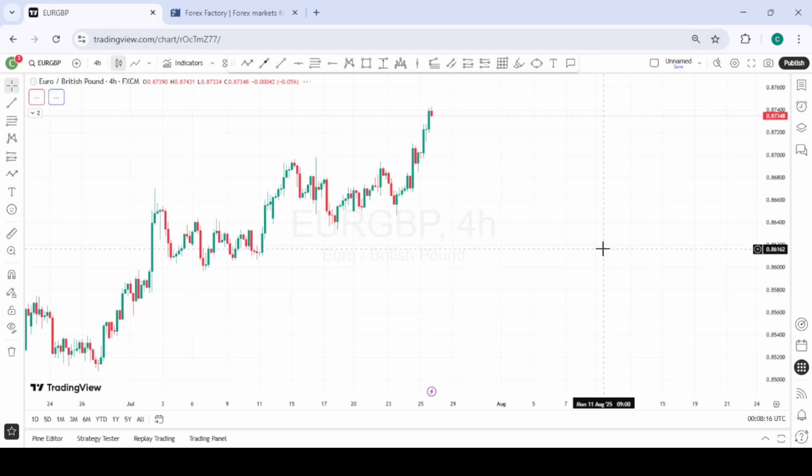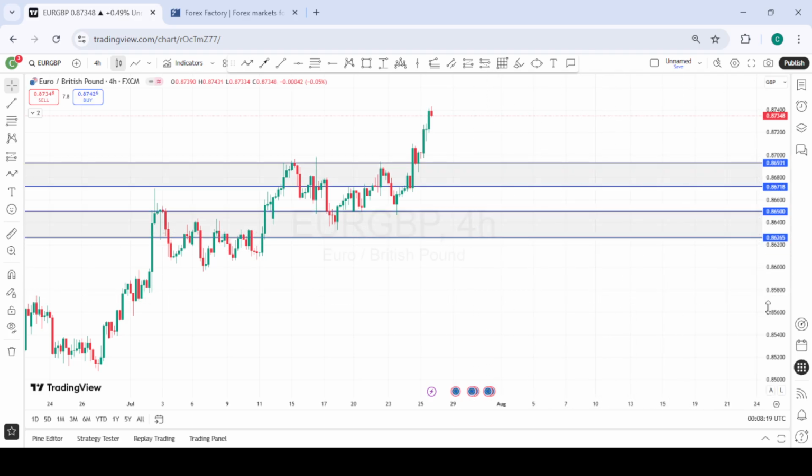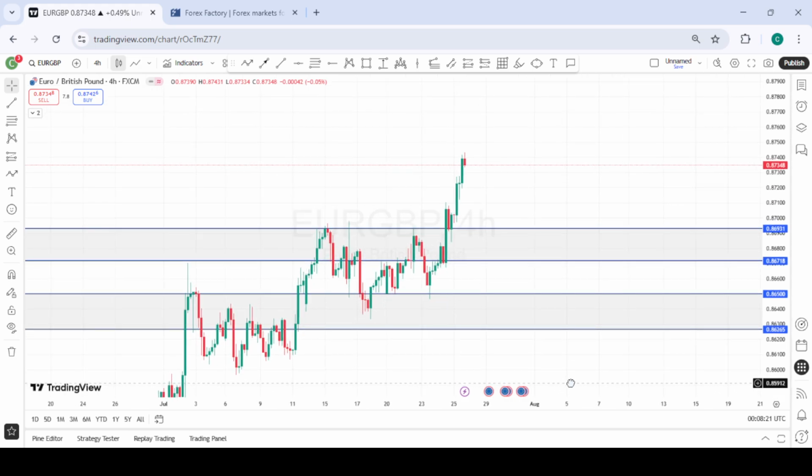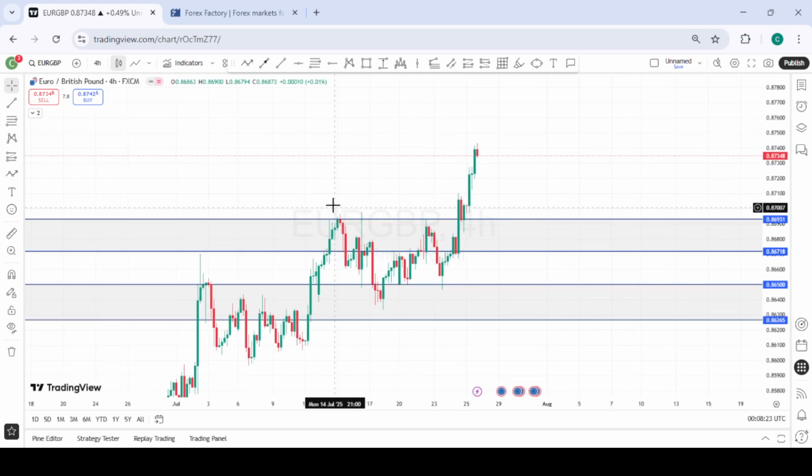On to the next. We have EURGBP. EURGBP, as you can see, is extremely bullish, creating higher highs, higher lows, higher highs, higher lows, higher highs.